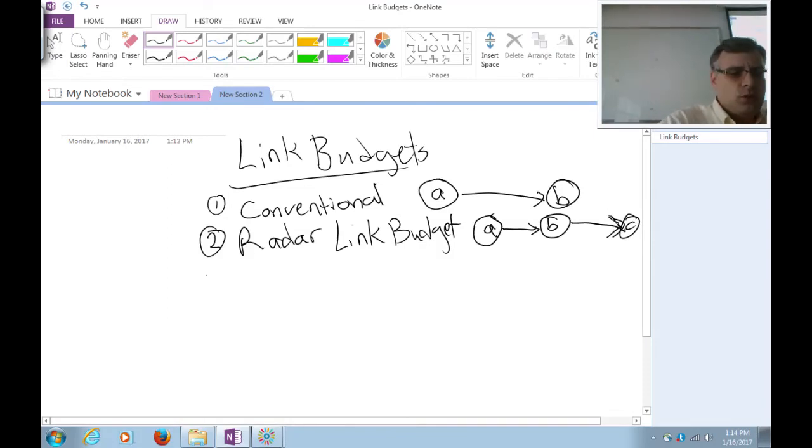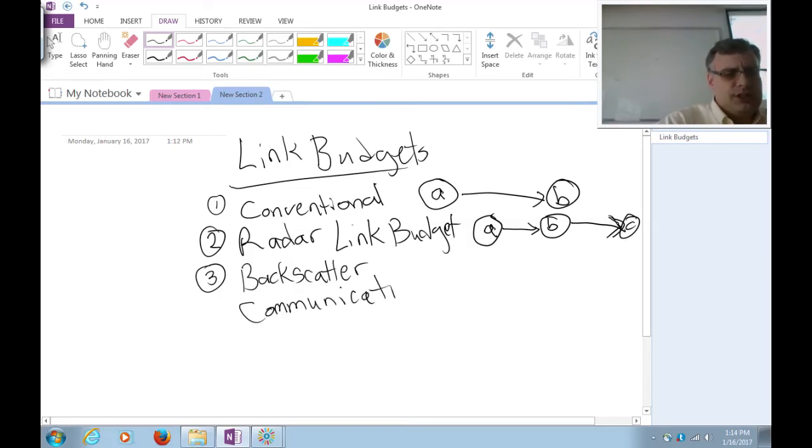However, there's another method that we're going to look at, and this is called backscatter communications, which is how a lot of low-powered sensors work.